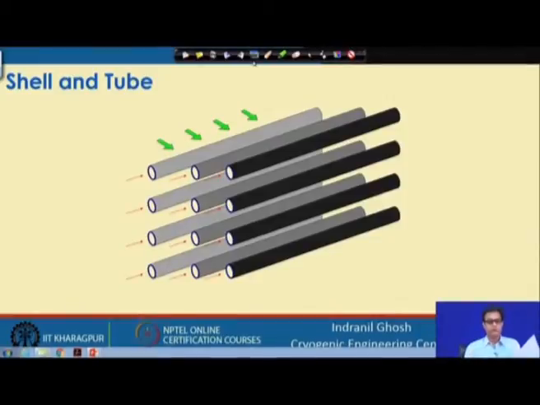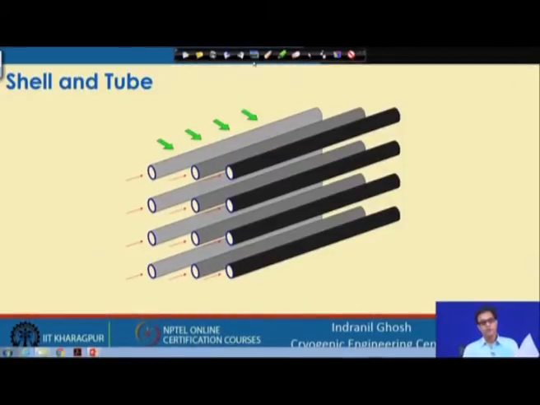Now, if we go back to our discussion, when we talked about the internal flow, whether laminar or turbulent, we have the internal heat transfer coefficient in terms of the Nusselt number or the J factor, and from there we can calculate the heat transfer coefficient h, which gives the internal heat transfer coefficient.